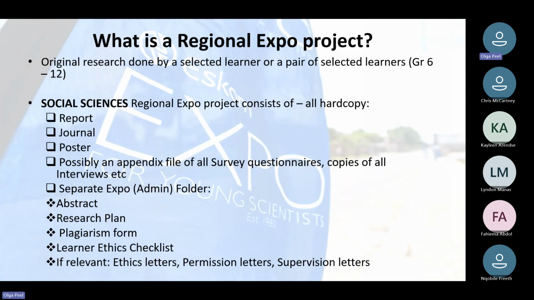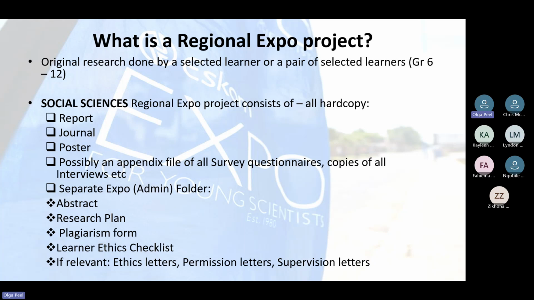So what's a regional Expo project? I think we know this. Now we're talking about only selected learners. So the learners who were selected from the district Expo are doing the regional Expo project. So that's why I've put selected learner or a pair of selected learners.